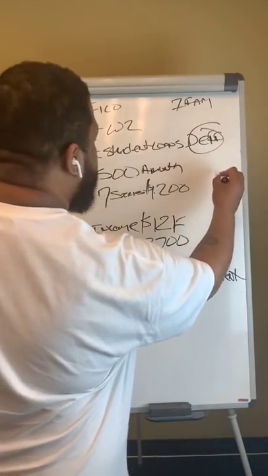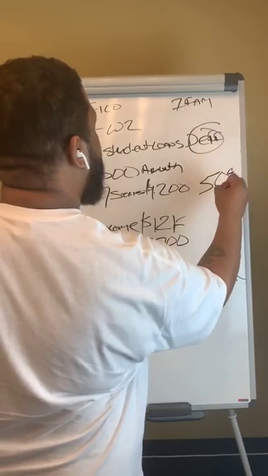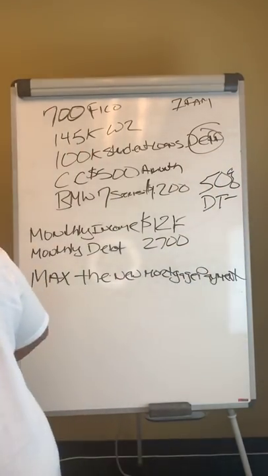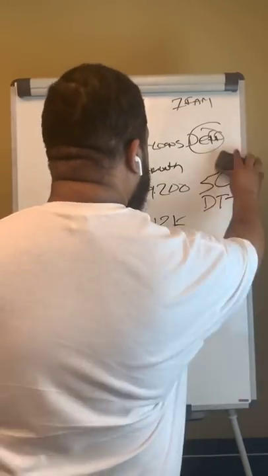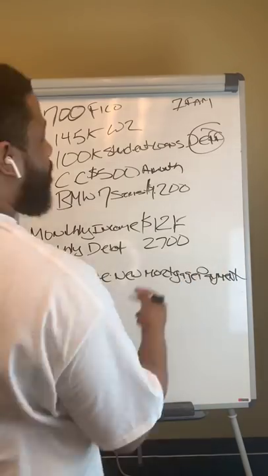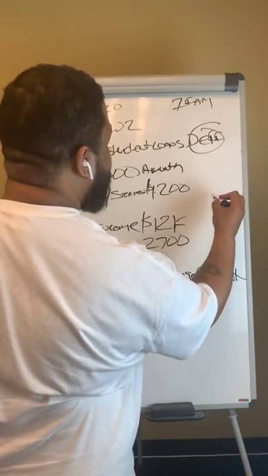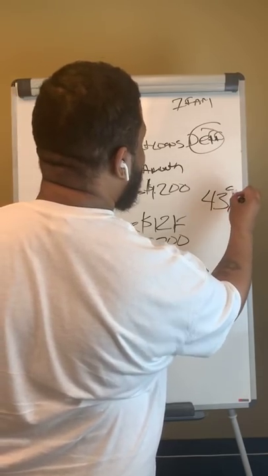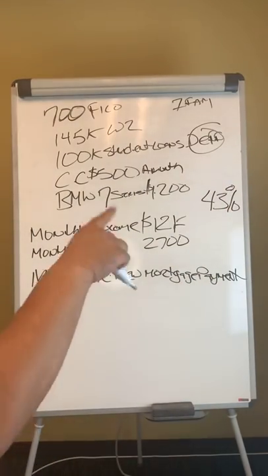Now remember, with a 50% DTI, no, let's not make it 50%. Let me challenge y'all. He don't want to live above his means. So he wants to keep his DTI at 43% on the back end.